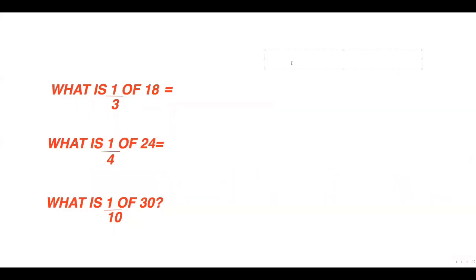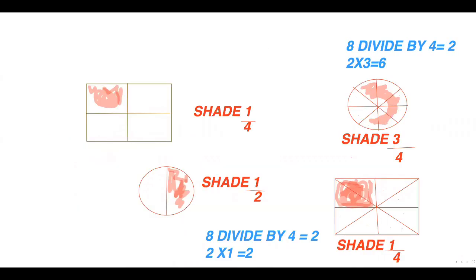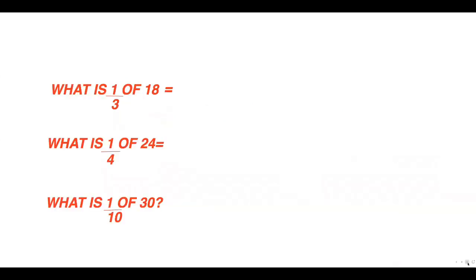The way we're doing is exactly how we did here. When it said shade 1/4, this time they're telling you there's 18 slices, and how many slices are 1/3? They're not telling us how to shade 1/3, they're telling us what is 1/3, how many slices is 1/3.